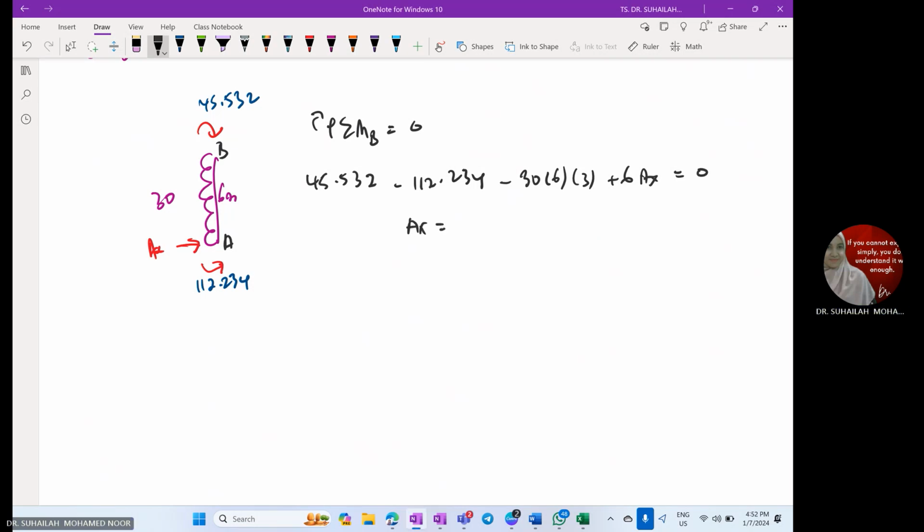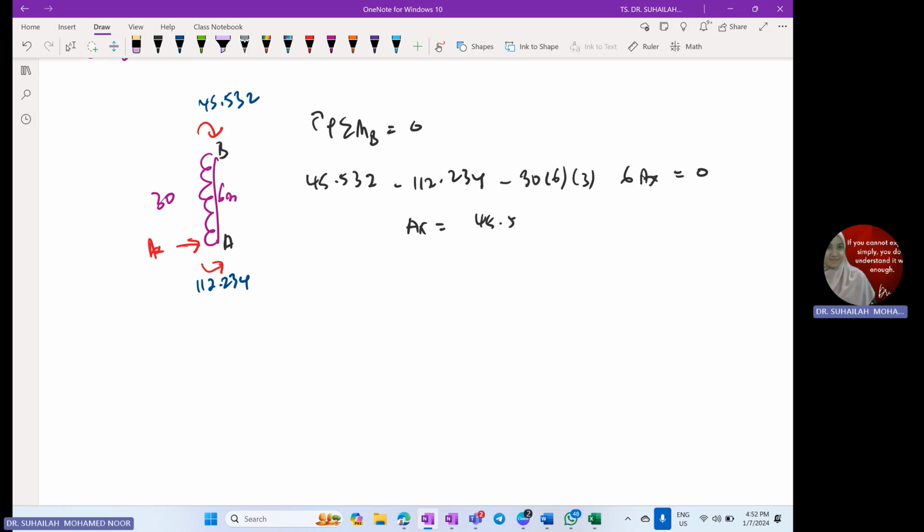AX, and it is 45.532. 6AX is negative 532 minus 112.234 minus 30 times 6 times 3. We divide by 6.